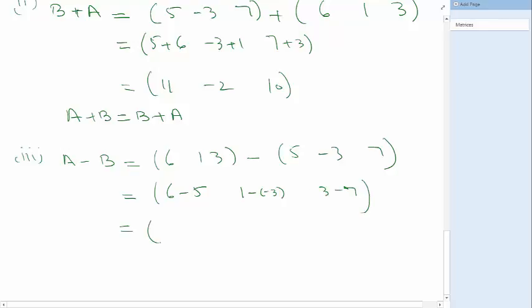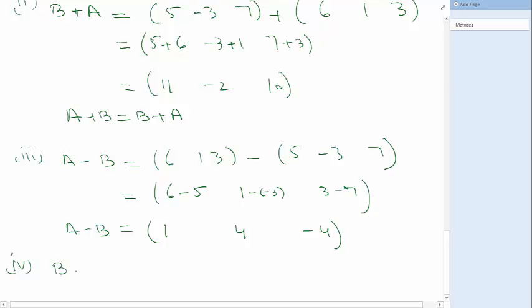So it should be 1, 1 plus 3 is 4, and 3 minus 7 is minus 4. So the resultant of A minus B is 1, 4, and minus 4. Again, if you notice, this resultant shows the same order as that of the parent matrices. So the key is, in addition and subtraction, the resultant always inherits the order of the parent matrices.